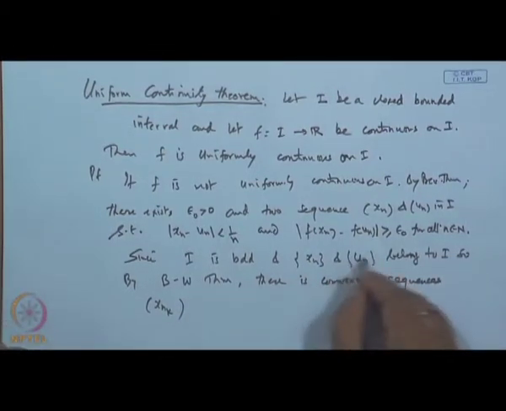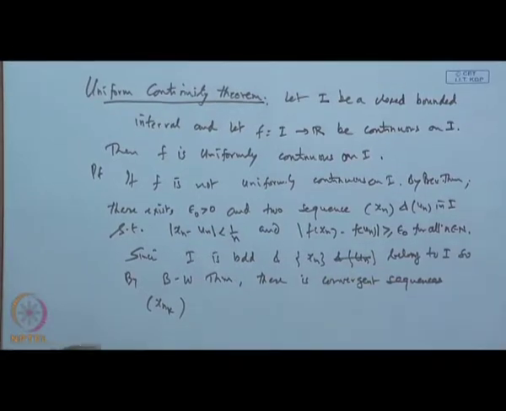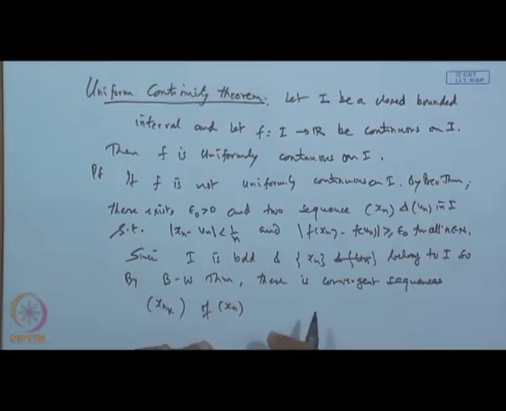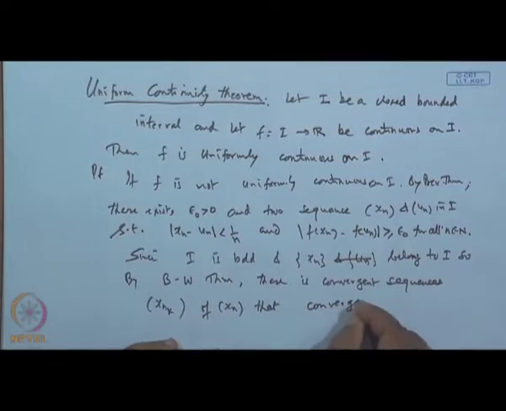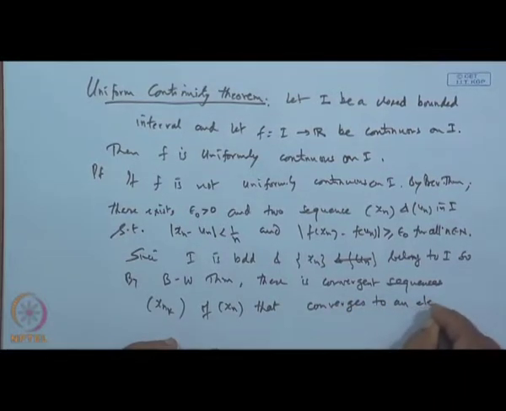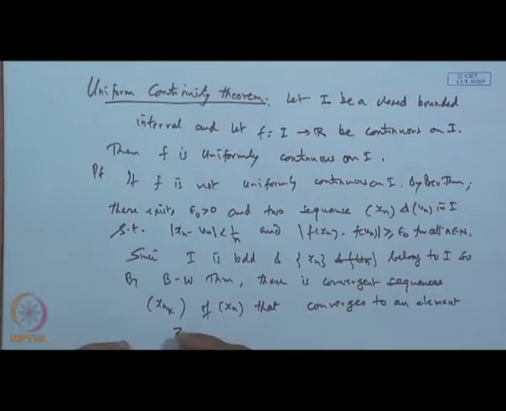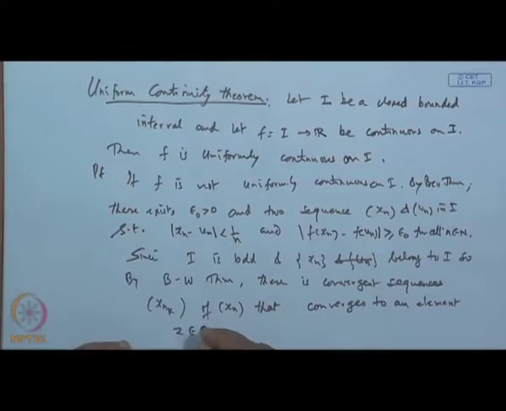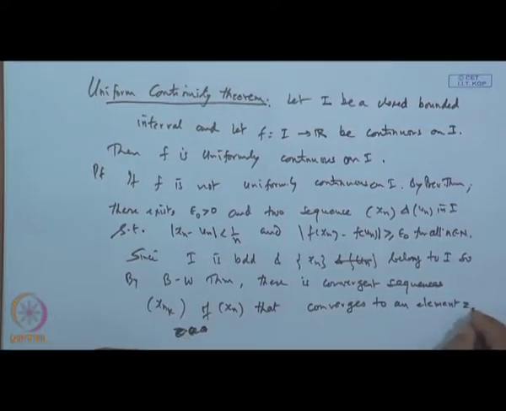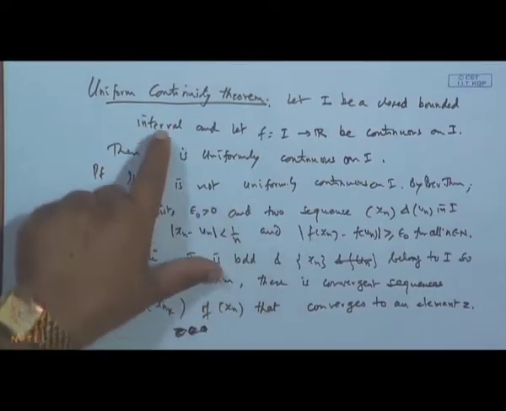Let us take first this part. There is a convergent subsequence x_{n_k} of x_n that converges to an element, say z, belonging to I. We wanted to show z is a point in I, which follows because I is closed.